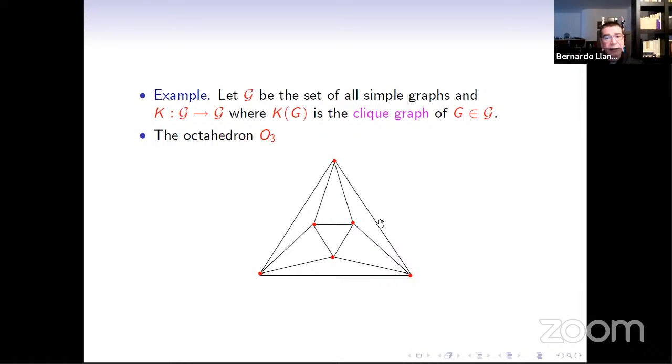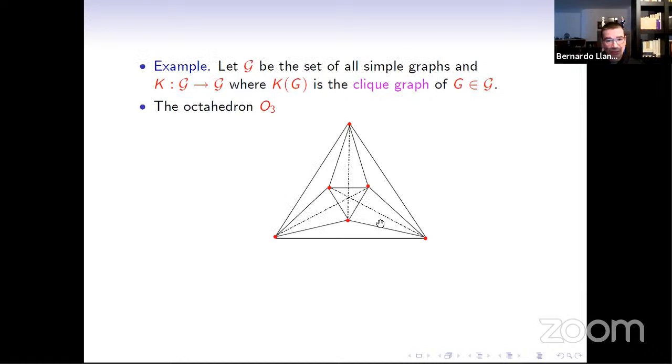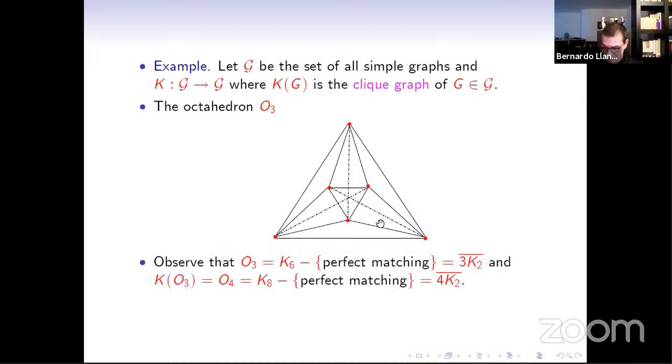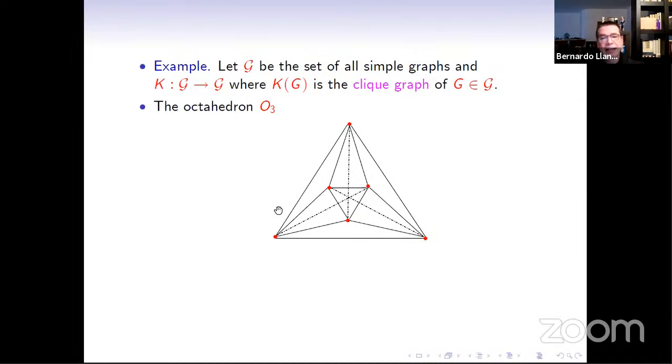You can see that the octahedron is a K6, a complete graph on 6 vertices, if you put in these dotted edges.